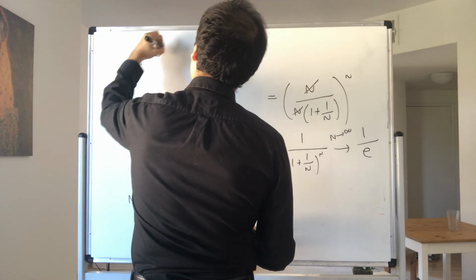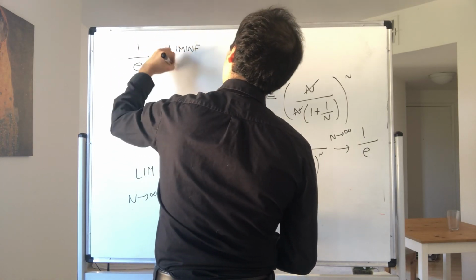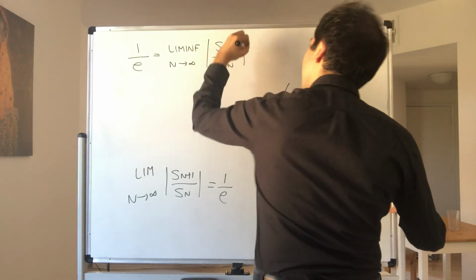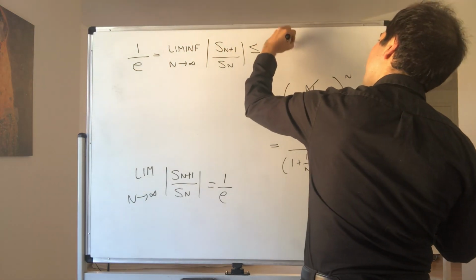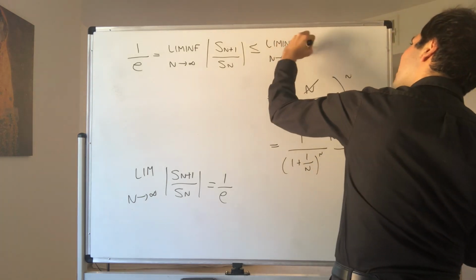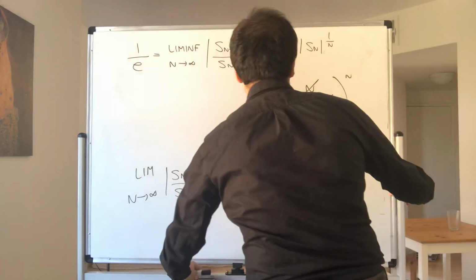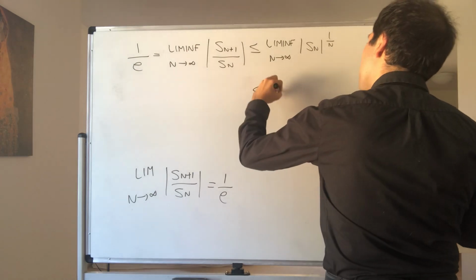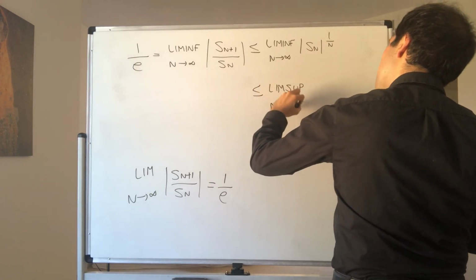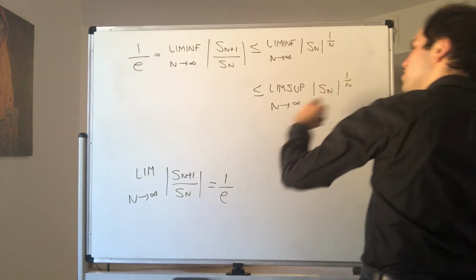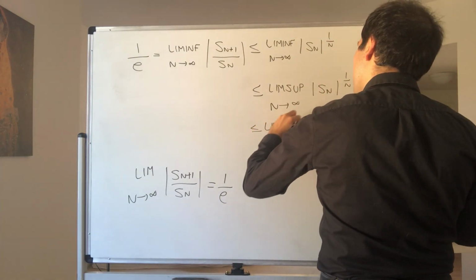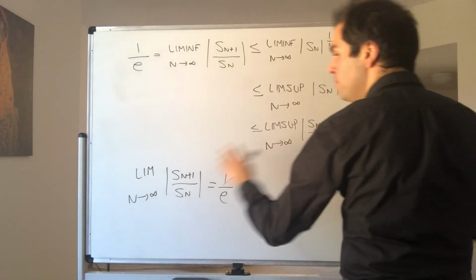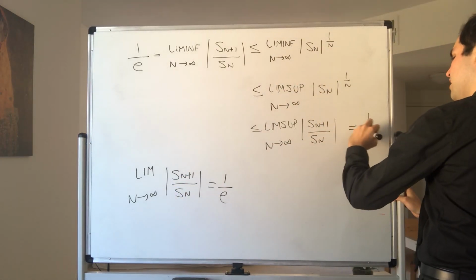So 1 over e, it's the lim inf as n goes to infinity of the ratio part, S_{n+1} over S_n, which again is less or equal to the lim inf of the root part of S_n to the 1 over n, which is less or equal to the lim sup of the root part, which is less or equal to the lim sup of the ratio part. And remember, the lim sup here is the limit, and that's 1 over e.